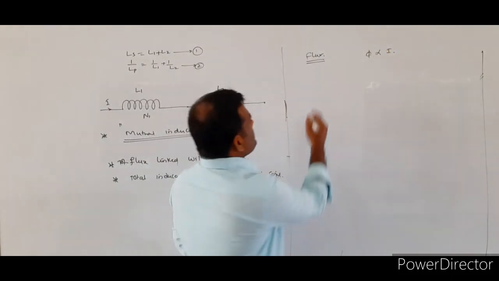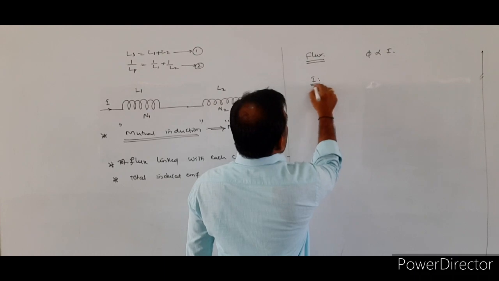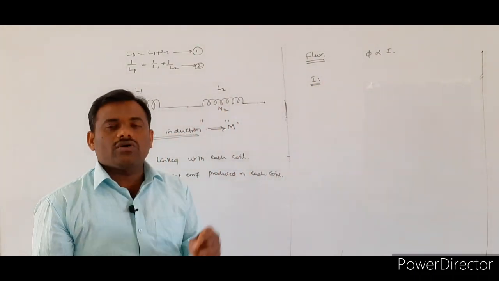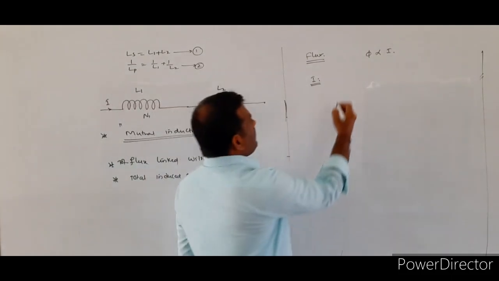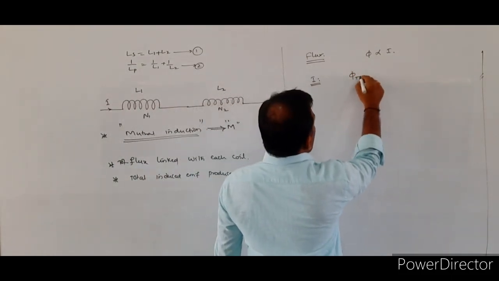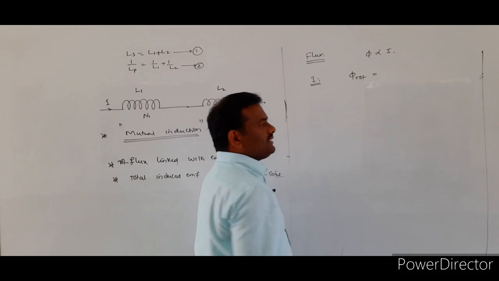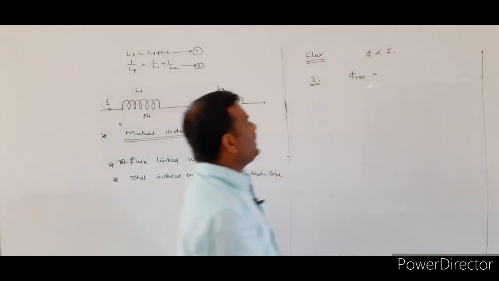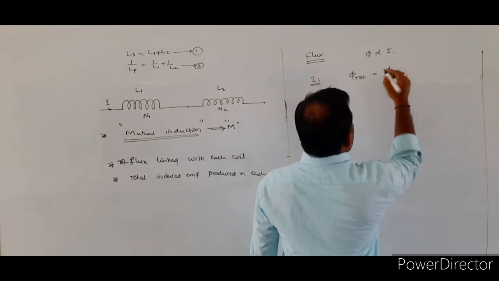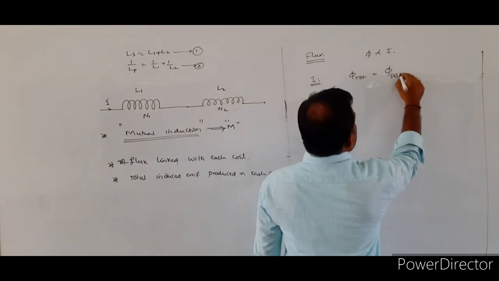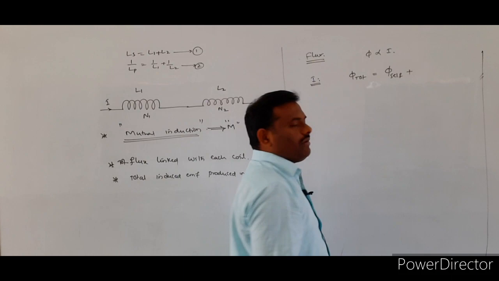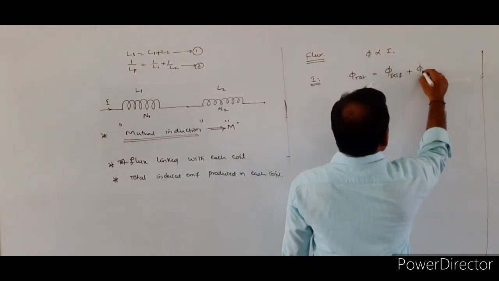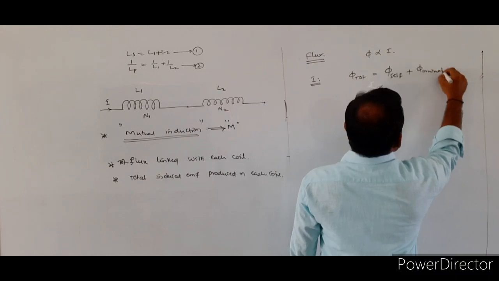So here, first I want to calculate the total flux produced in the first coil. The total flux produced within the first coil is due to the flux developed by self-induction as well as the flux developed by mutual induction.